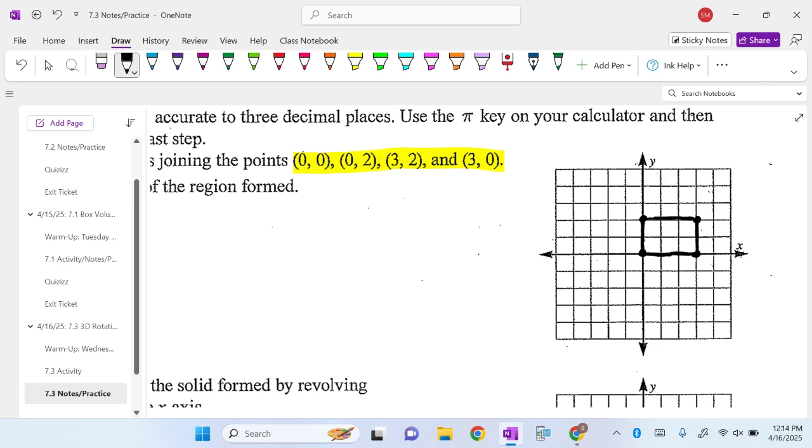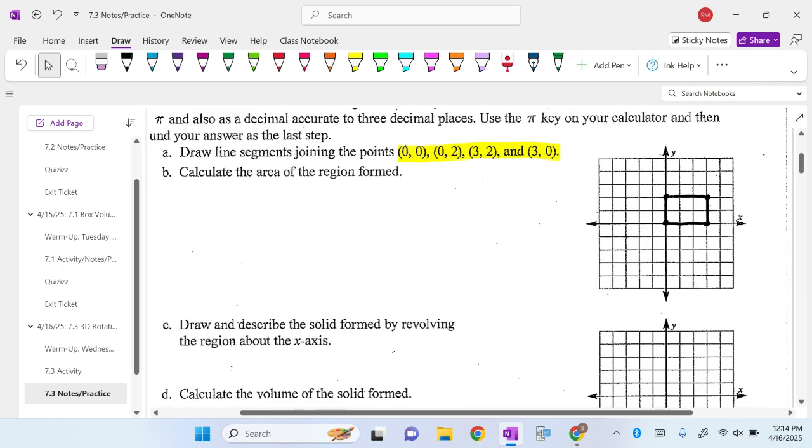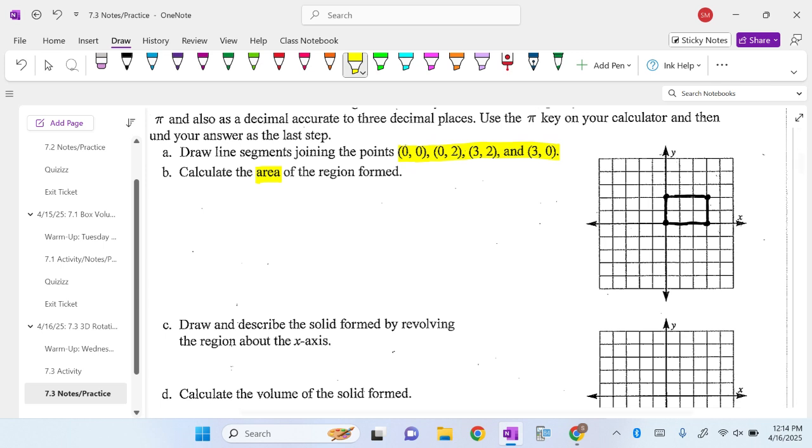So when you finish plotting the points and connecting all the points with line segments, you should get a rectangle. Now, it then asks us to calculate the area of said rectangle. How do I calculate the area of a rectangle? What's the formula?